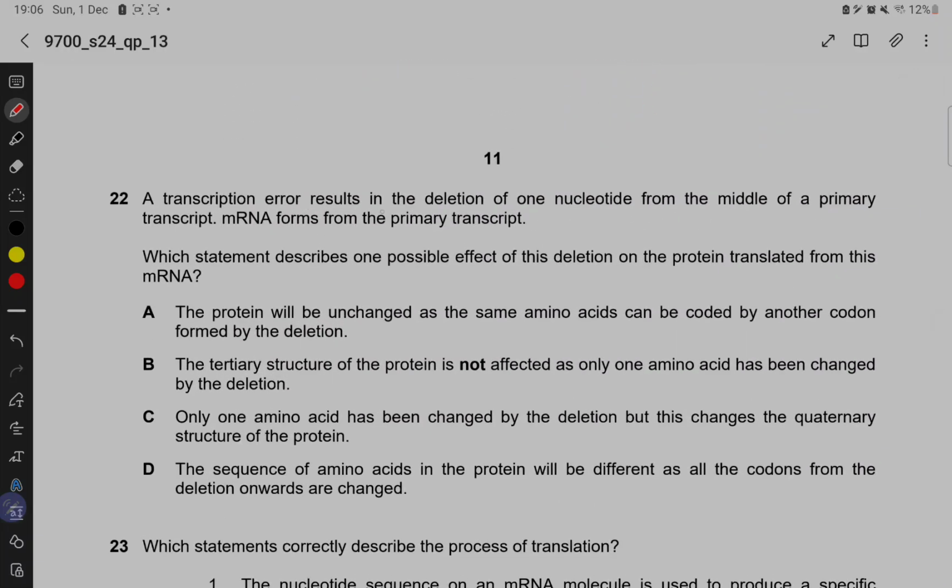A transcription error results in the deletion of one nucleotide from the middle of a primary transcript. RNA forms from the primary transcript. Okay. A is wrong. It's not necessarily that whatever is replacing the deletion will still result in the same amino acid. It's possible but not guaranteed.